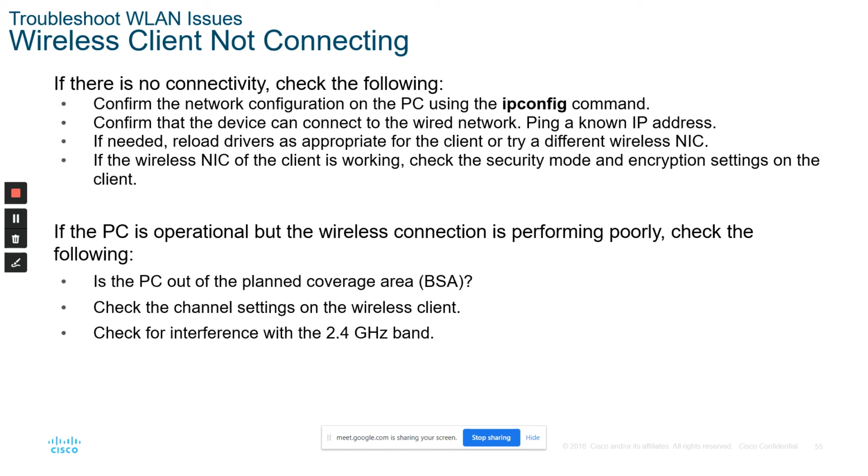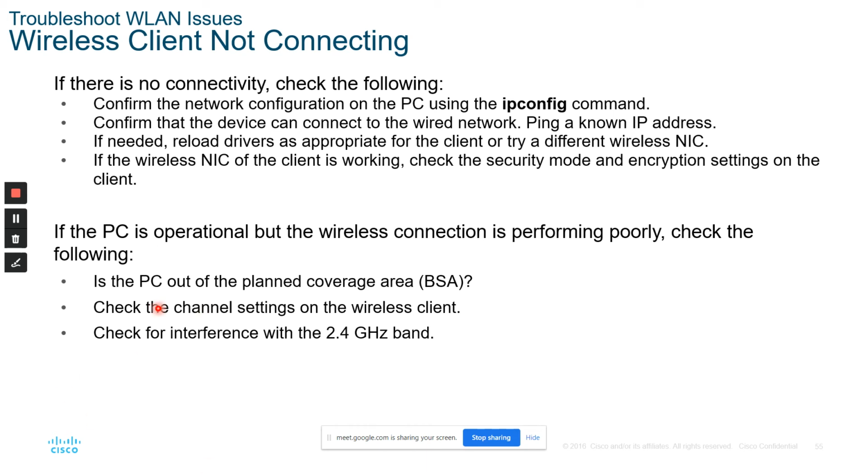If the PC is operational but the wireless connection is performing poorly, you can look at the following issues. Check if the PC is out of the planned coverage area, because every wireless network has some coverage area, let's say 20 meters, 50 meters, or 100 meters.